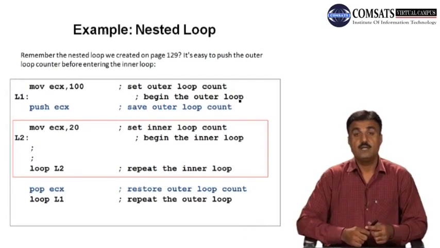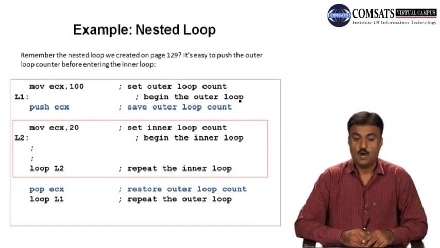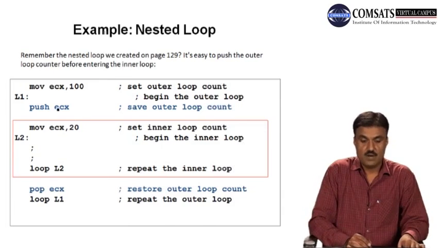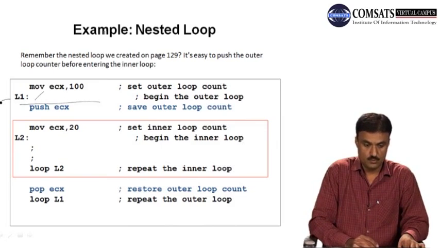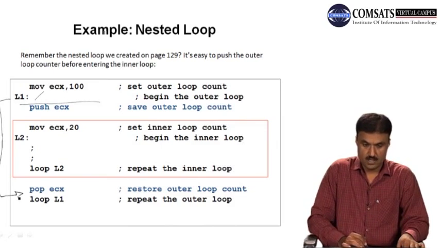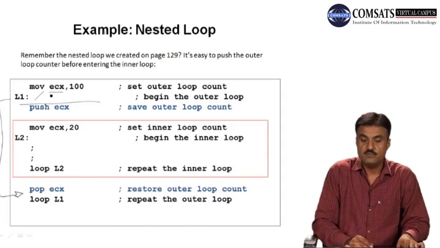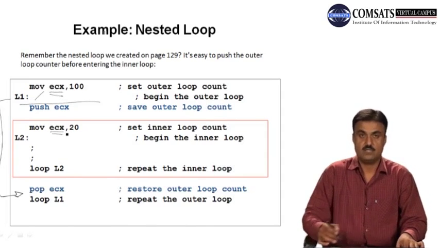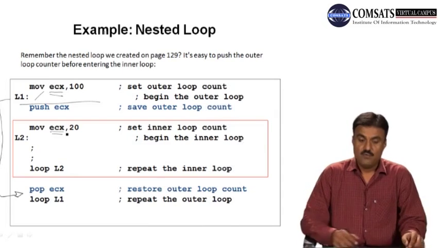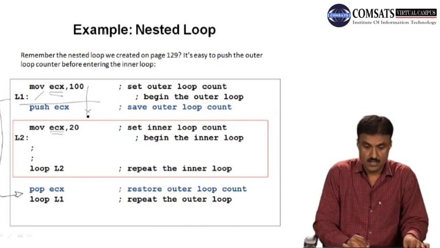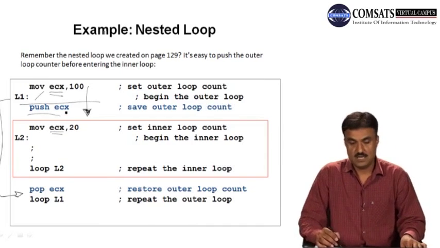Now how can we do all this in nested loops? For example, we want to execute the outer loop 100 times, and inside it there is an inner loop. This ECX value is for the outer loop, and ECX is also used as a counter for the inner loop. So when we move to the inner loop, first we push the value of ECX.